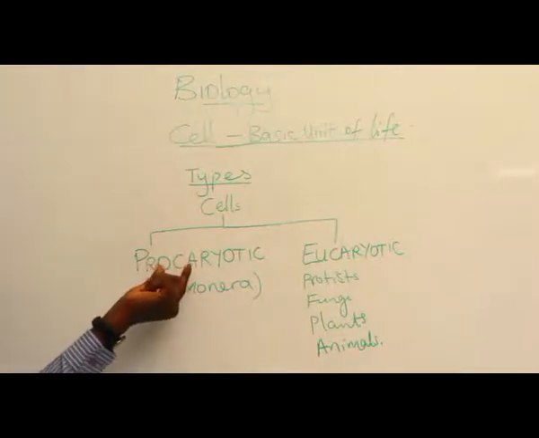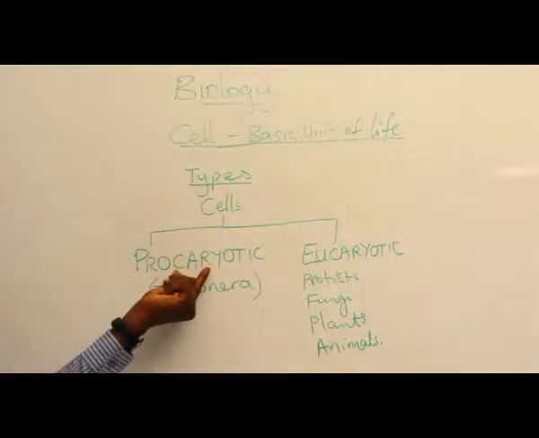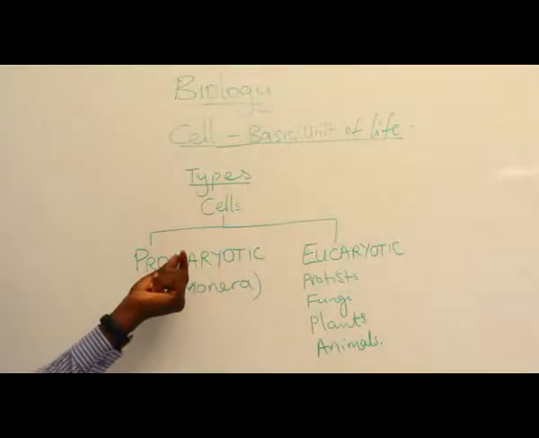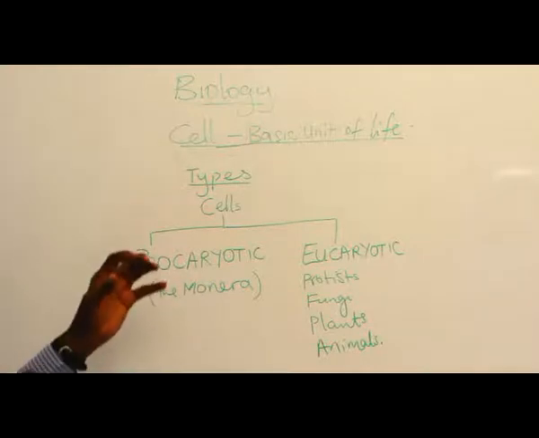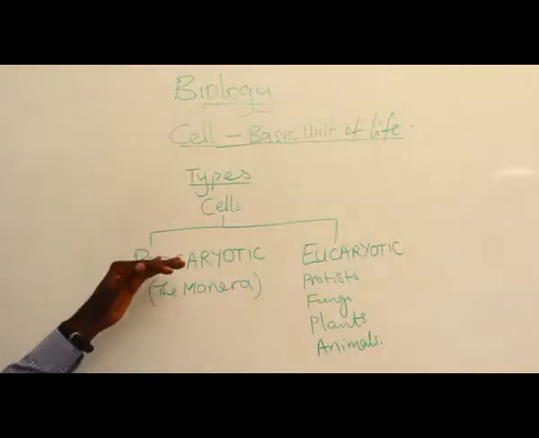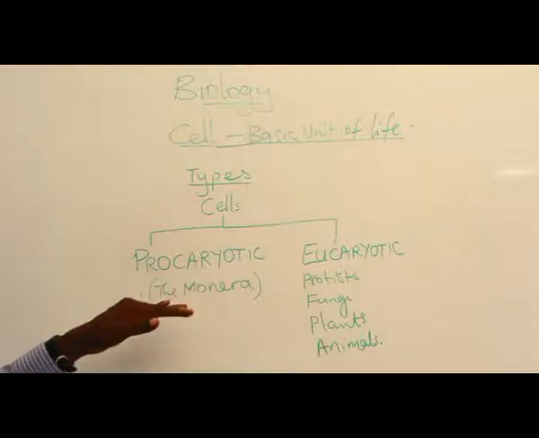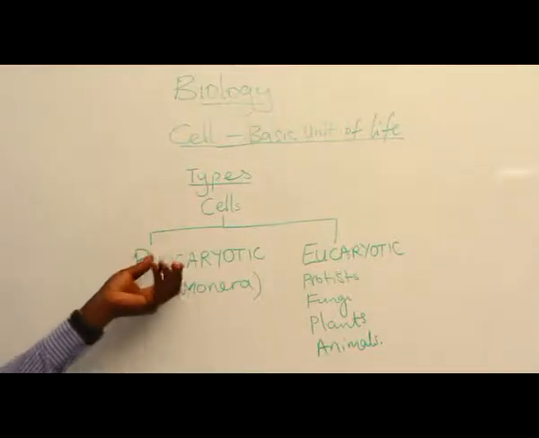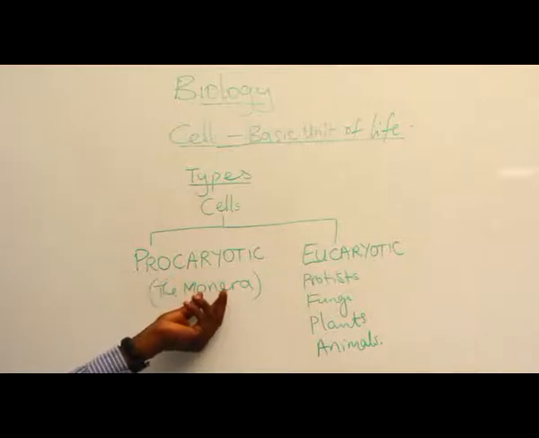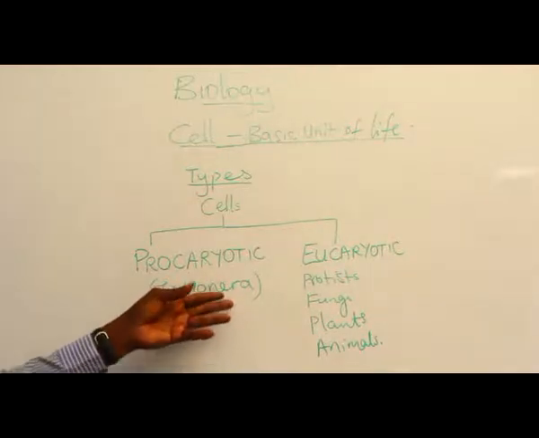We all know that prokaryotic cells are cells without definite nucleus. They don't have nuclear membrane, bounded nucleus. So the nuclear material is found in the cytoplasm. And the only group of organisms with this type of cell are grouped under the kingdom Monera. And these are viruses and bacteria.